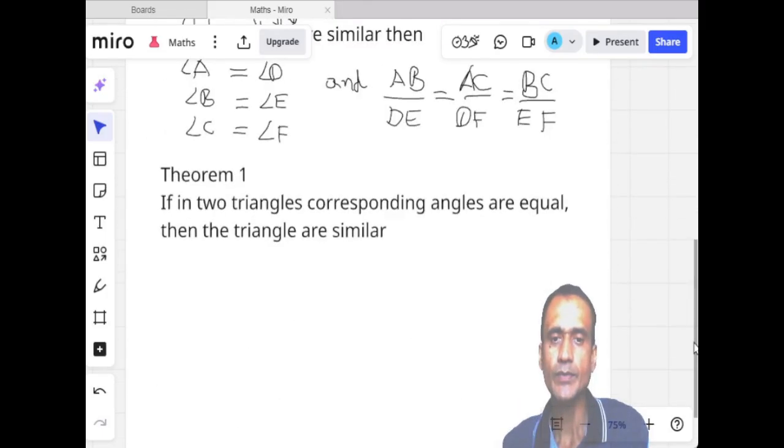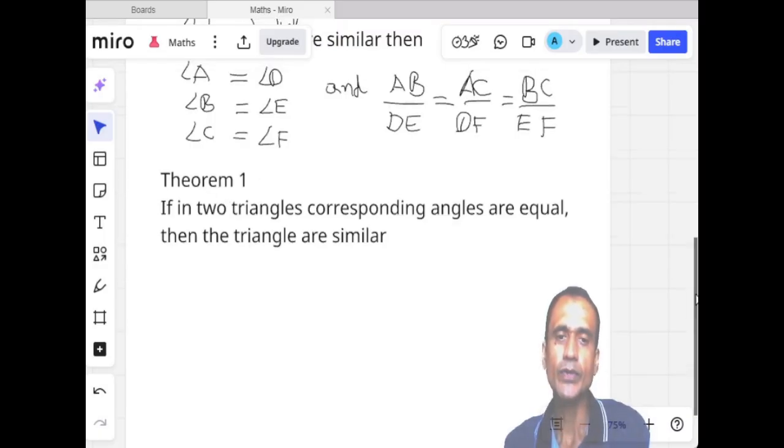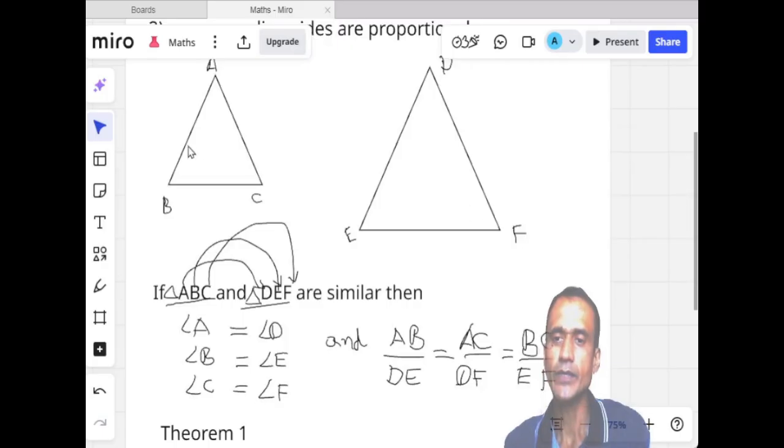This theorem states that just knowing that corresponding angles of two triangles are equal is sufficient to state that the triangles are similar. Now we will prove this theorem. To prove it, if the corresponding angles of these two triangles are equal, then we are required to prove that their sides are proportional.